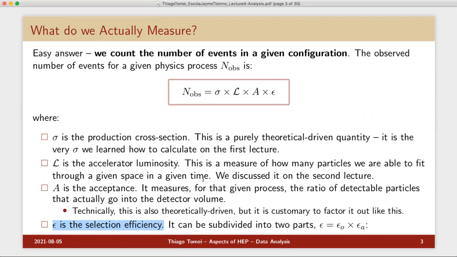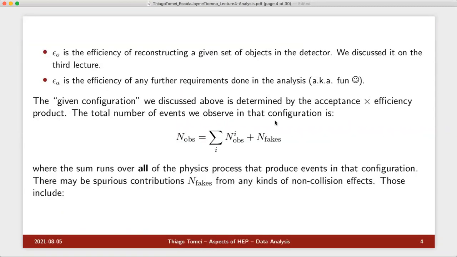And this selection efficiency we subdivide into two further parts, epsilon 0 and epsilon A. Epsilon 0 is the efficiency of reconstructing a given set of objects in the detector.